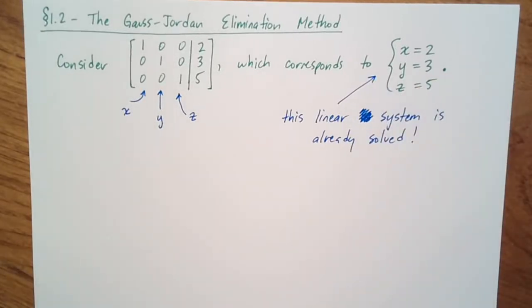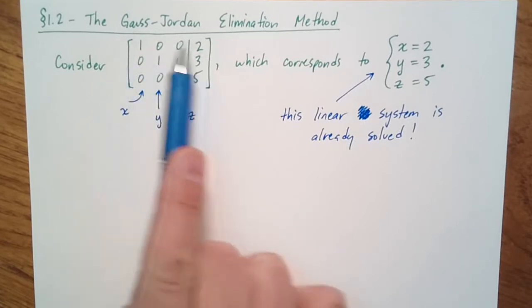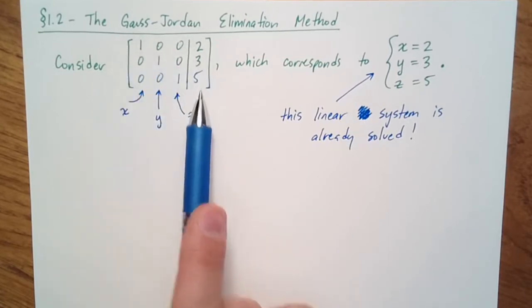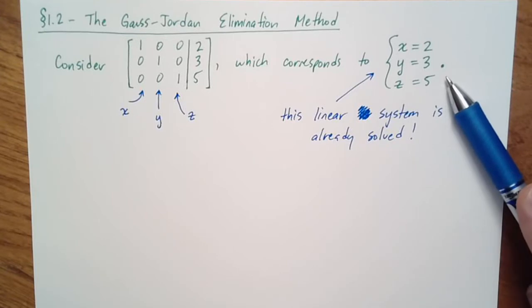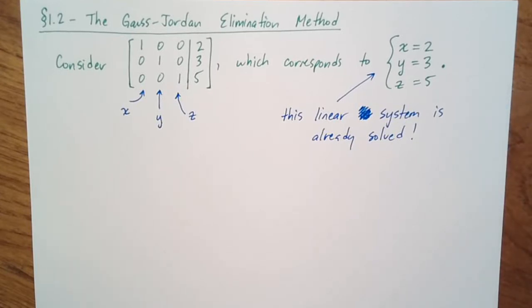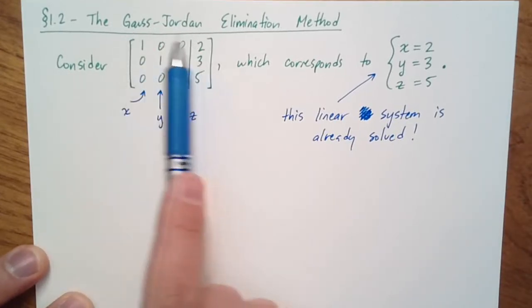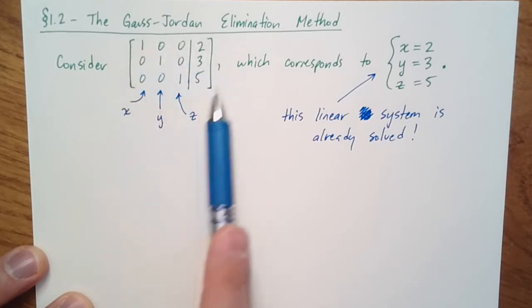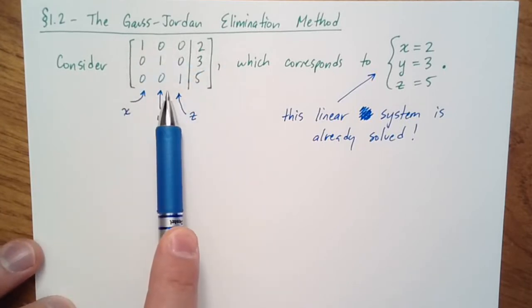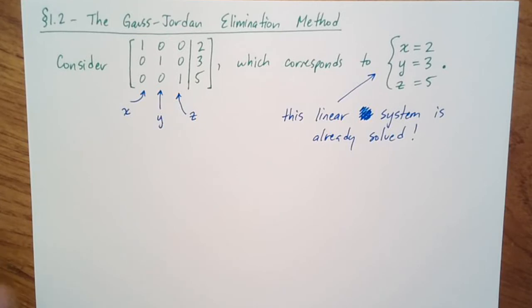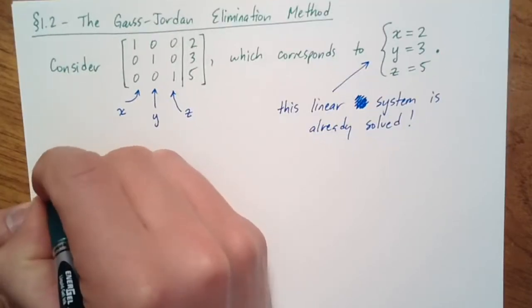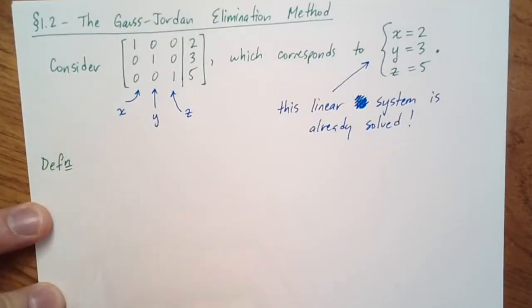So our first job is going to be to precisely say what is it about augmented matrices like this that makes their corresponding linear systems so easy to solve, or already solved, like this one is. So we're going to try our best, and we will be successful in pinning down exactly what it is about this augmented matrix that makes it so desirable. And then that will be our goal when we're solving systems. So we're going to define a couple of terms.